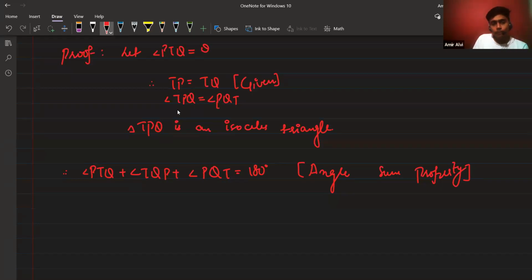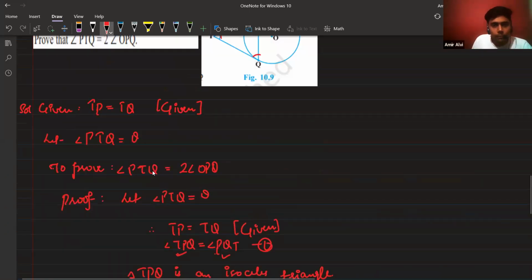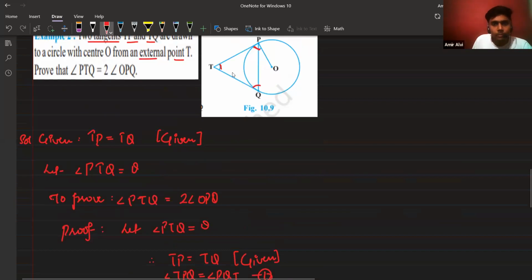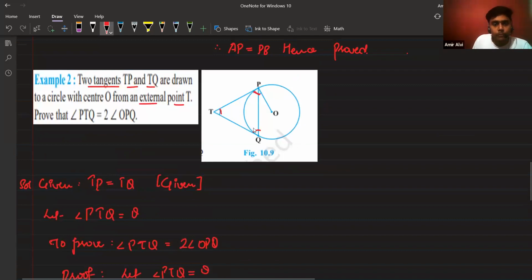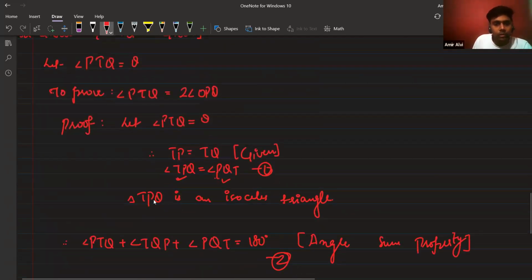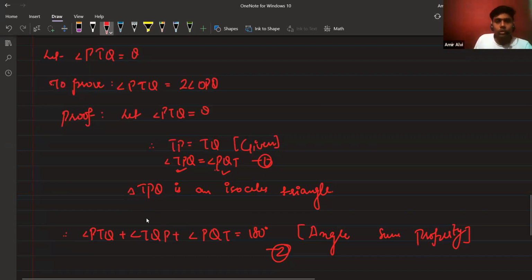Now see that this is your equation number 1 and this is your equation number 2. TPQ and PQT are equal. Just a second, I've named it wrongly. TPQ and TQP. I've written the same thing because I just interchanged PQT and TQP, so let me write PQT here because it will add a little confusion.